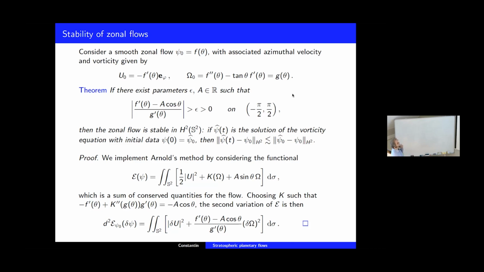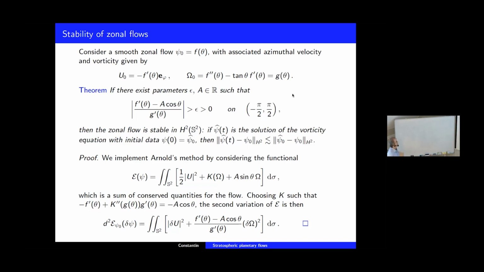And if I can find an A such that, so f, and this is g, this expression here is g. So if I can fulfill this, then this Arnold type functional will have a second variation of this thing, and this is exactly what is missing to make this strictly bigger than 0, and therefore you get a bound by a kind of Taylor expansion argument.